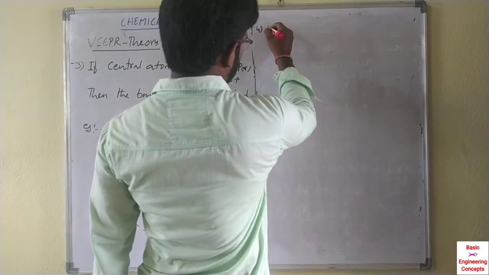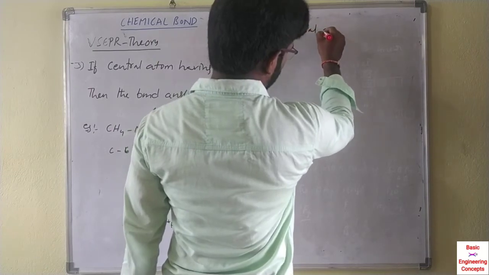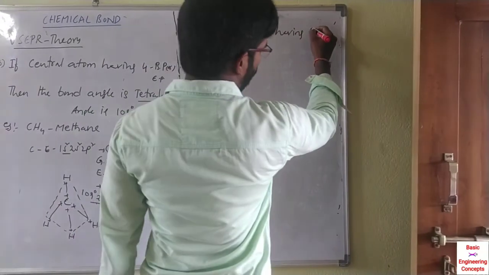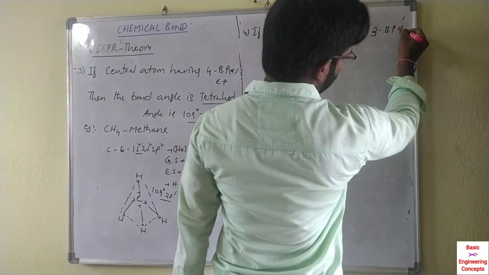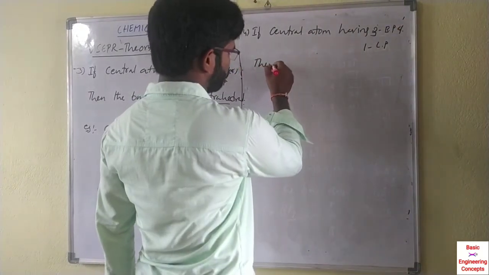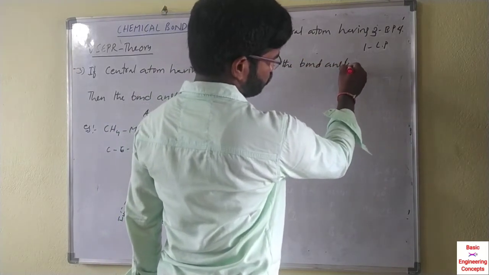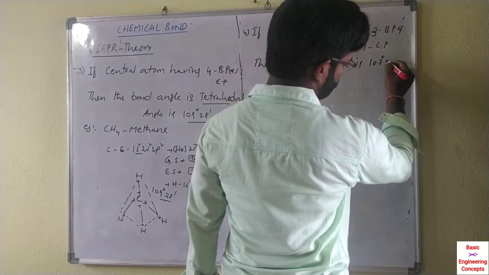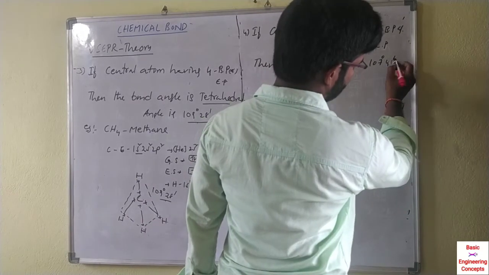Fourth one: if the central atom has 3 bond pairs and one lone pair, then the bond angle is 107 degrees 48 minutes.